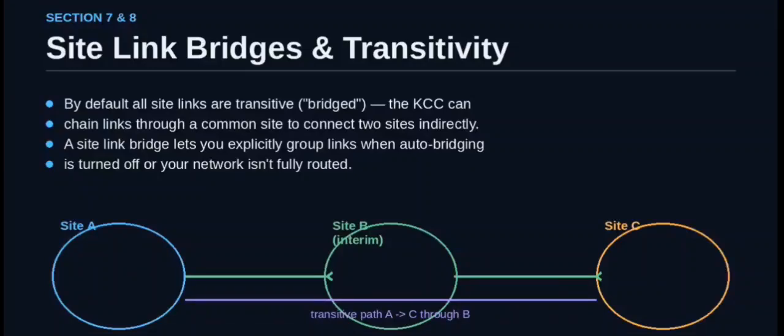But in a more complex network where automatic bridging is not appropriate, administrators can manually create site link bridges to control exactly how replication traffic flows between sites. Okay, so that's how site link bridges work.